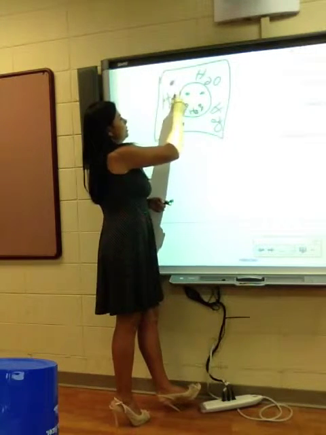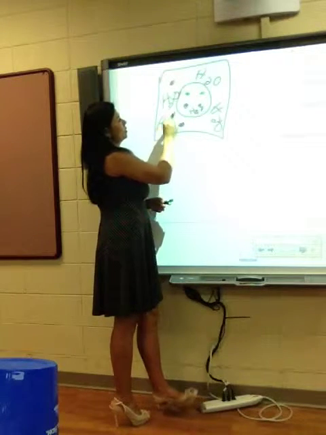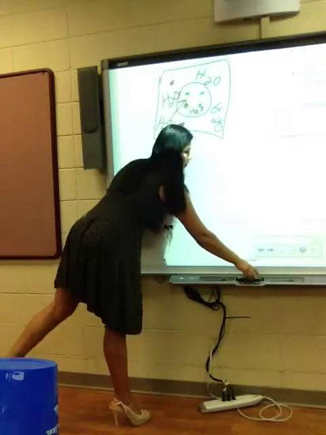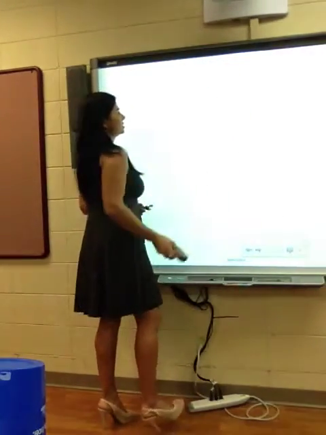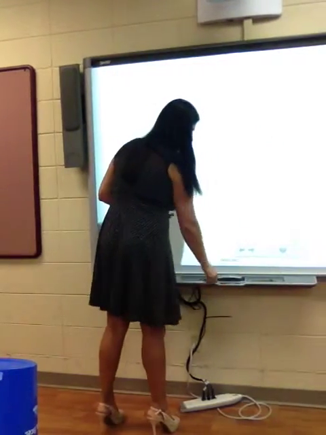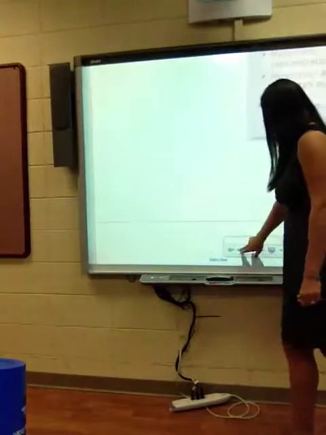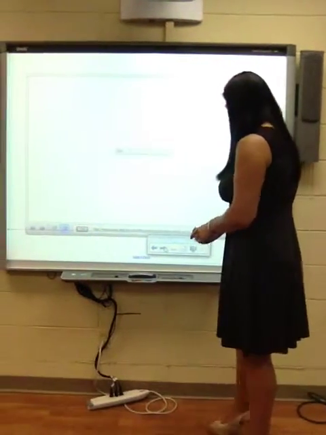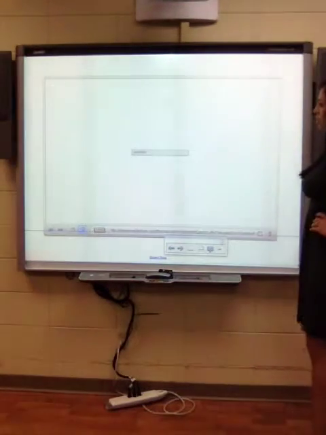And it doesn't want to be out here. Tons of water molecules are going to move in. What's going to happen to that cell? It's going to swell. It may even lyse, which is bust, rendering that cell unusable.